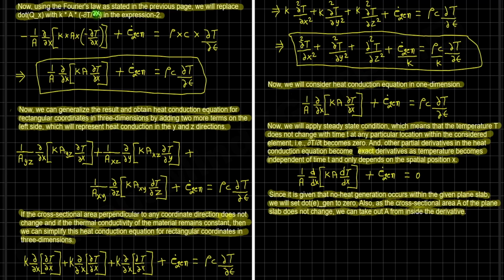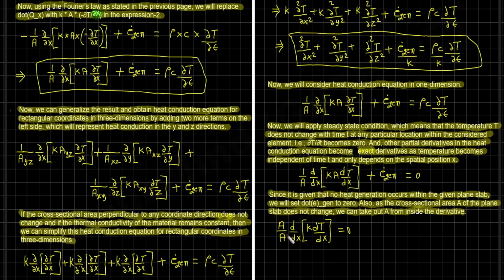And then we will write a more simplified form of this equation. After setting this term to 0 and taking out A from inside this derivative, we get this differential equation.